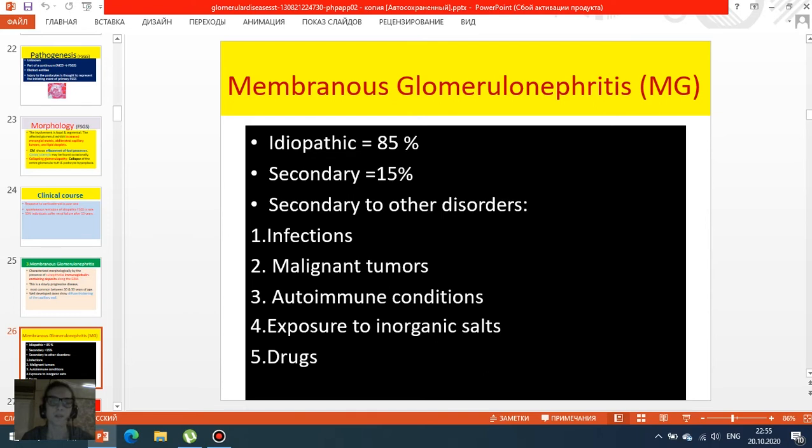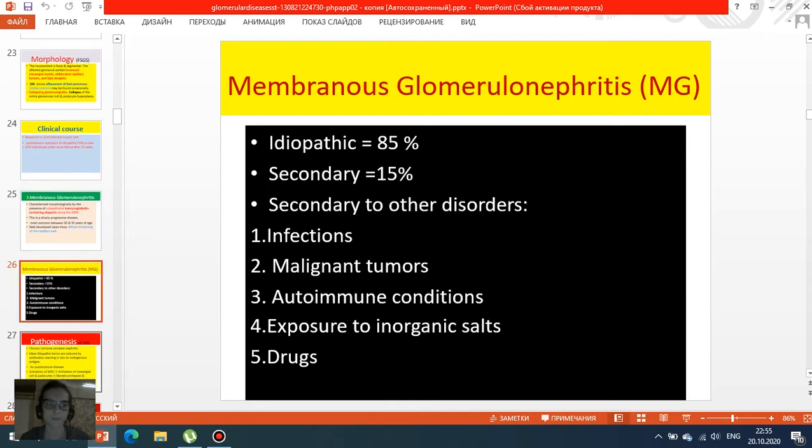It's about 85%. Secondary, 10–15%, secondary to other disorders, after infections, malignant tumors, autoimmune conditions, exposure to inorganic salts and drugs.